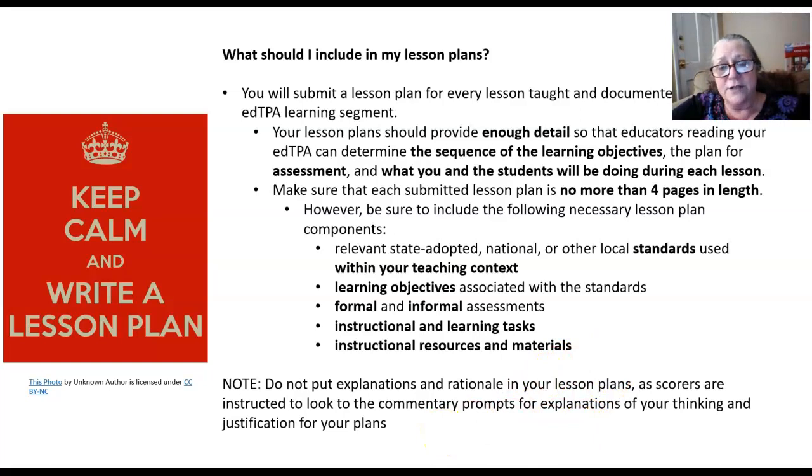That does not and should not be on your lesson plans for the edTPA submission. All of that sort of thing needs to be in your commentary because in this particular task, the lesson plans are supportive documentation. The primary source of evidence will come from the commentary.